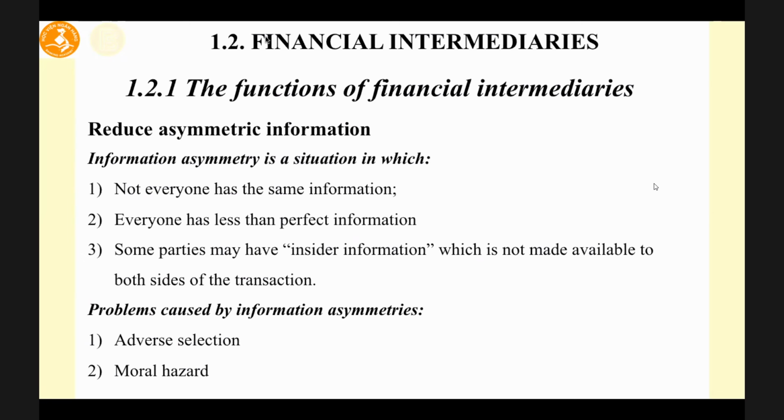So information asymmetry is a situation in which we have two parties, and a kind of information gap between them. We have party 1 and party 2, and between them there is a transaction.